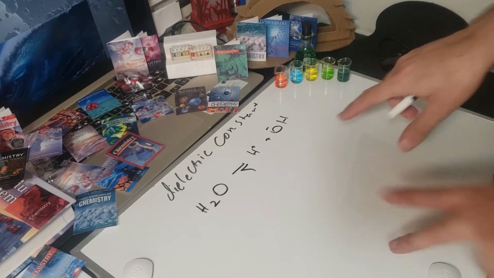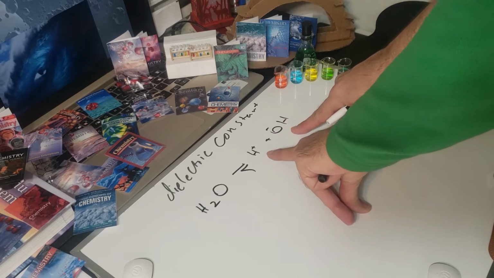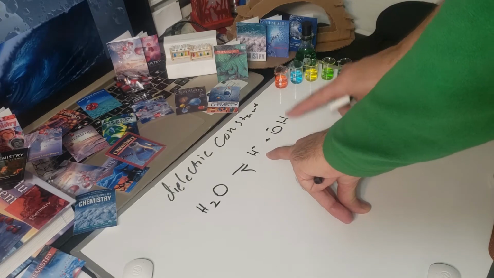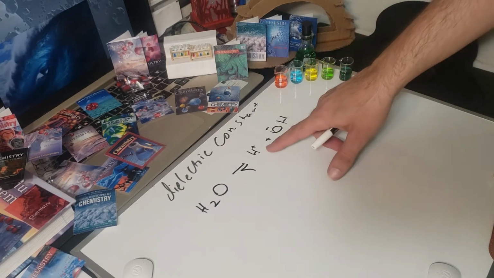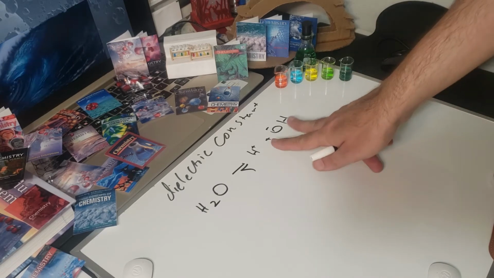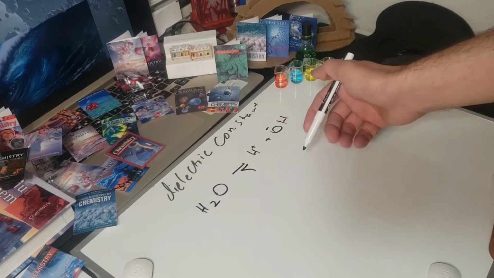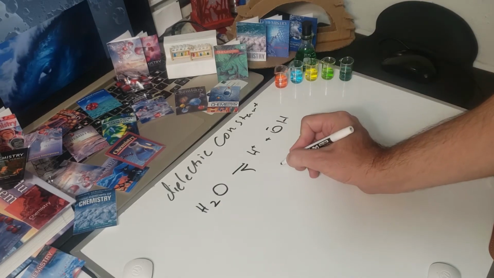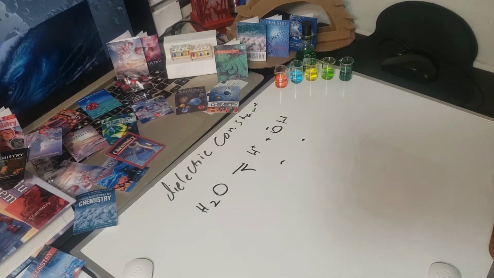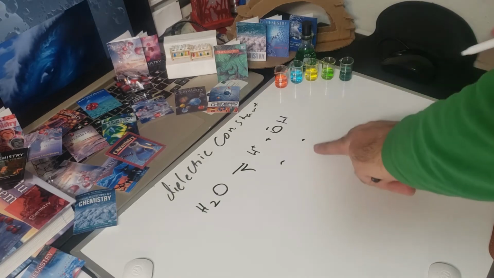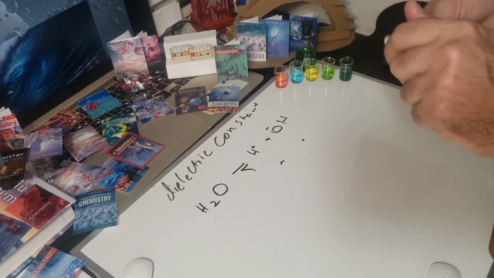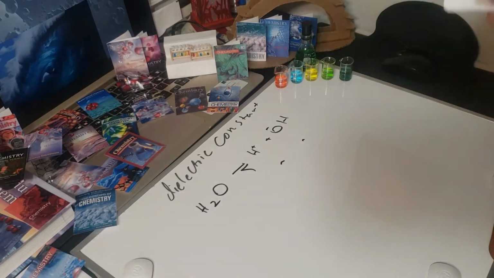There is an equilibrium between the two. Anytime you have any water solution, there must be a definite amount of these two ions. If you have water, there would be a little bit of this and a little bit of this. There is a delicate balance between them.